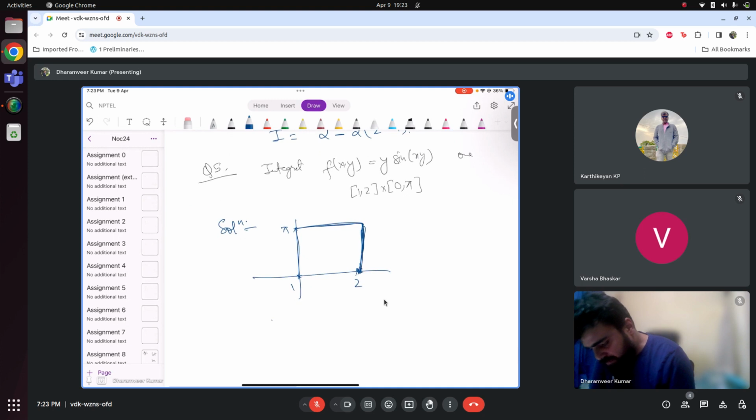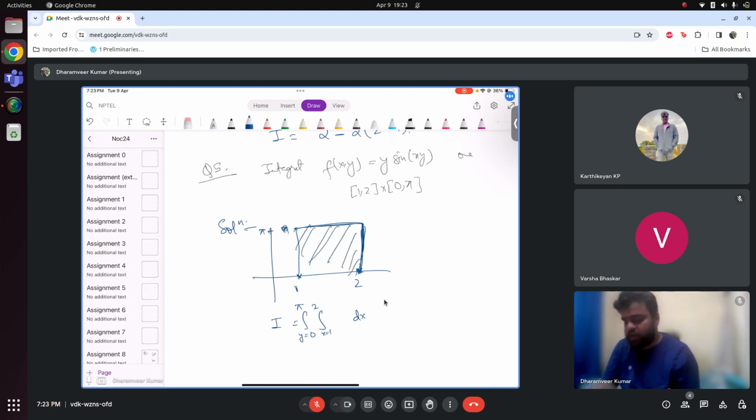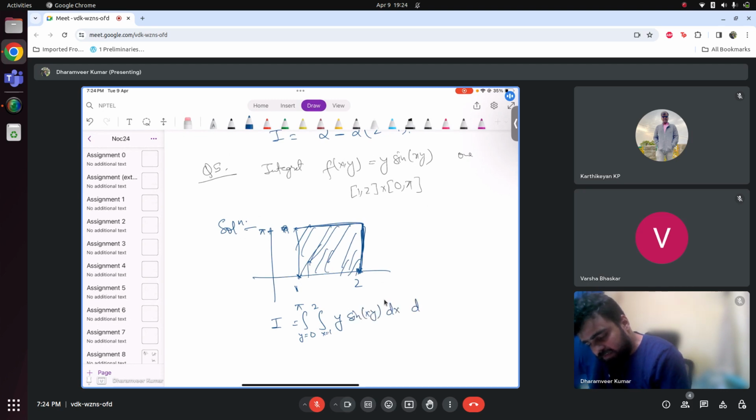First let's get rid of x. Sorry, anyway. This region. Okay. It's nice to draw regions when you're dealing with complex integrations, make it a habit. Dx first, then dy.